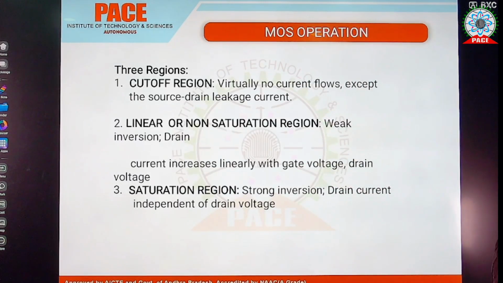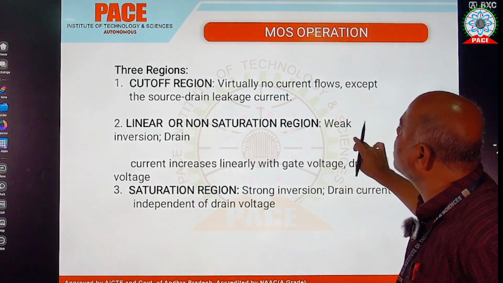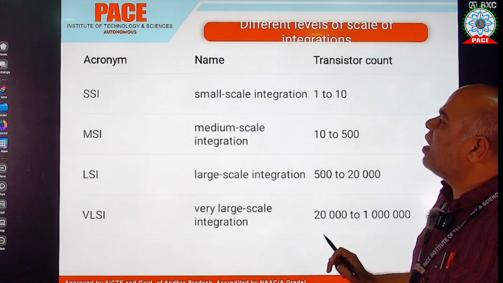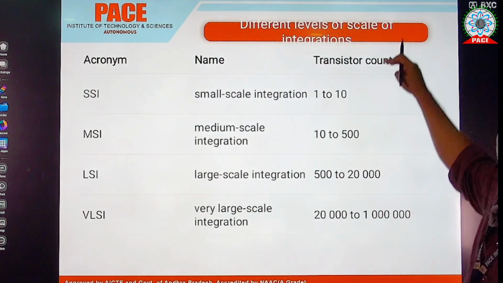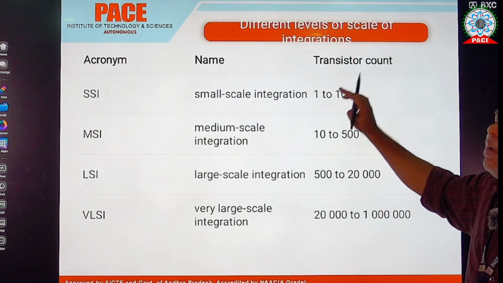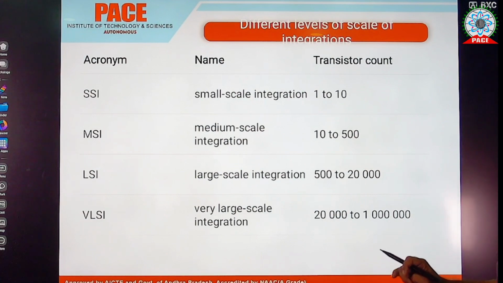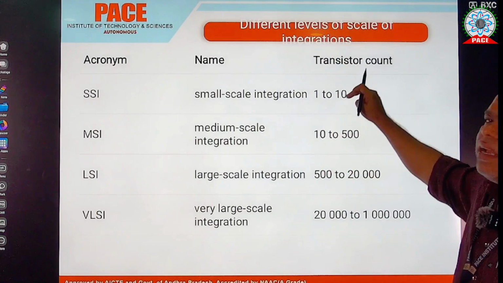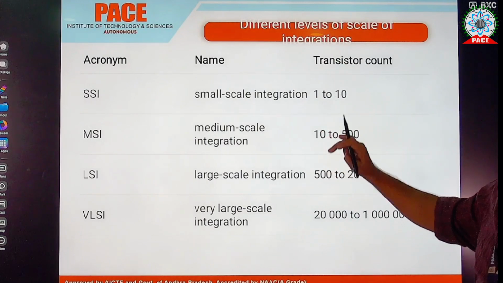This is very, very important. According to Moore's law, the transistor count will be increasing. Everybody knows, as an EC student, that every 1.5 years the transistor count increases.